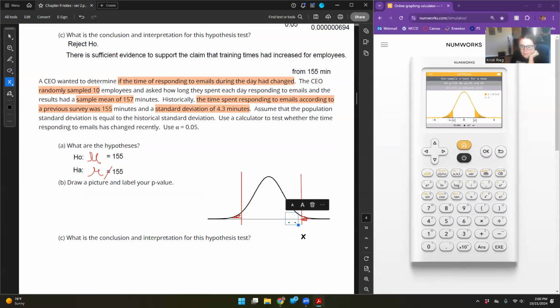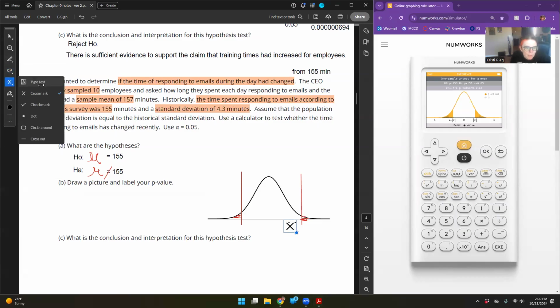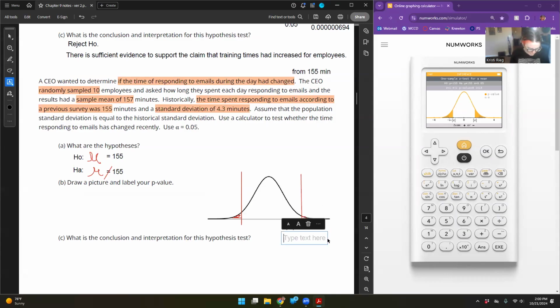The line is just because it's not transparent, it's not showing up exactly where I want it, but you get the point because you can see it over here. Our p-value is 0.1413. And then our alpha was 0.05. So since P is bigger, it lands over here in the middle.